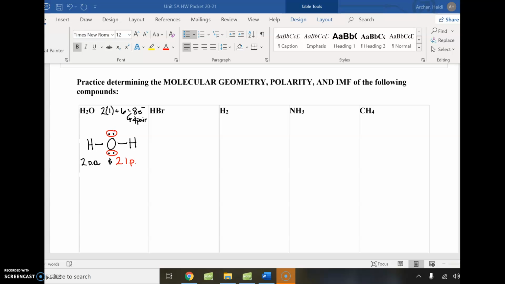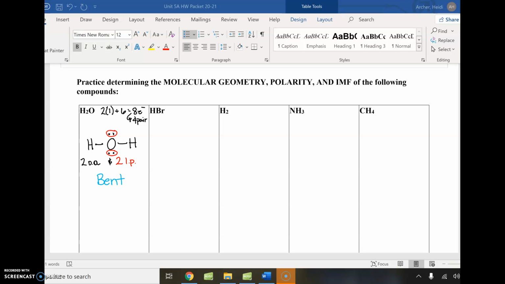So we can say that the shape that we experience as a result of having 2 outer atoms and 2 lone pairs is bent. And again, that comes from our table indicating what orientations of outer atoms and lone pairs indicate which shape is created. So the next thing that we look at is, is that shape a polar shape or a nonpolar shape?